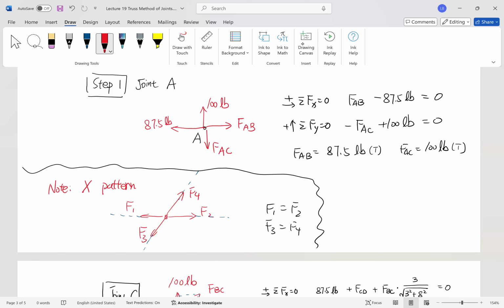And if, for example, I simultaneously let F4 and F2 equal 0, or in the more general case, I let two adjacent forces equal 0, then that will give me a V pattern. Then the rest of the two forces have to equal 0, because nothing else can balance them out.